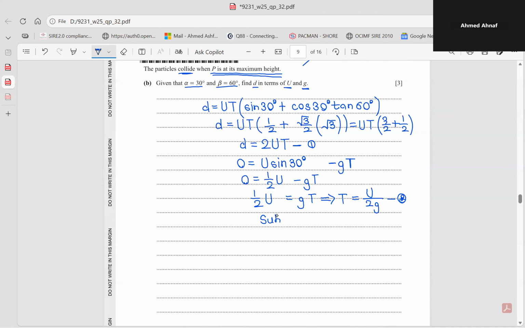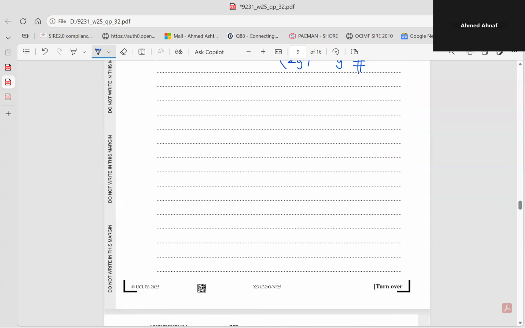So we're gonna substitute the second into the first, and you get d equals 2u times u over 2g. So the 2's cancel out. Therefore, final answer, you just get u squared over g. So this would be our final answer for part B.